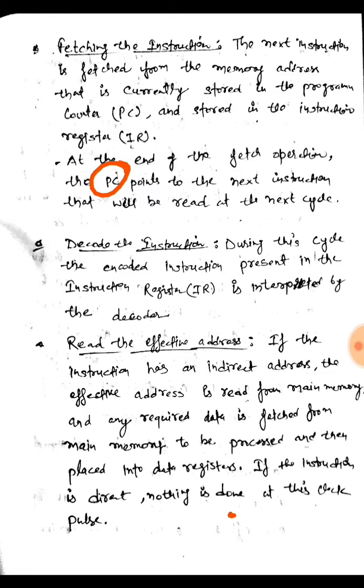If the instruction is direct, nothing is done at this clock pulse. If we are getting the data directly in the operand, then no such operation will take place.